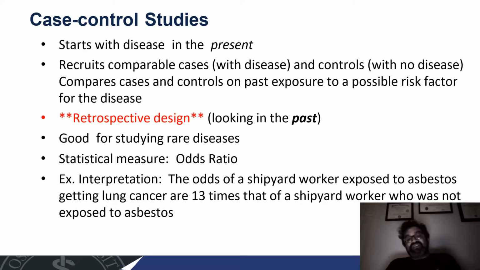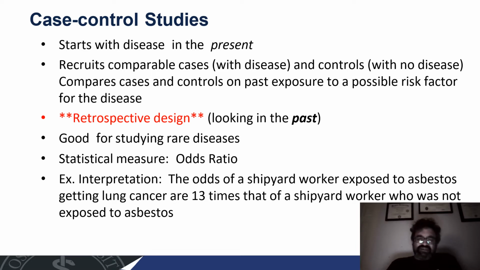Actually, this is a very classic interpretation of shipyard workers. This was a study that was done a while back. I believe this was something related to the Bradford Hill causality criteria.